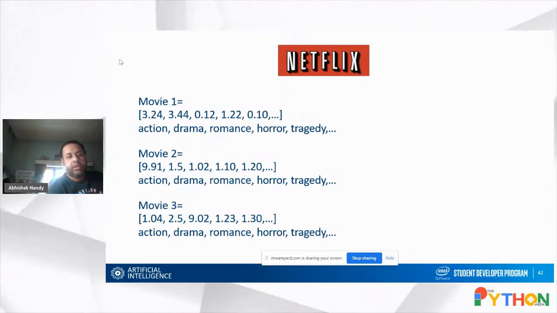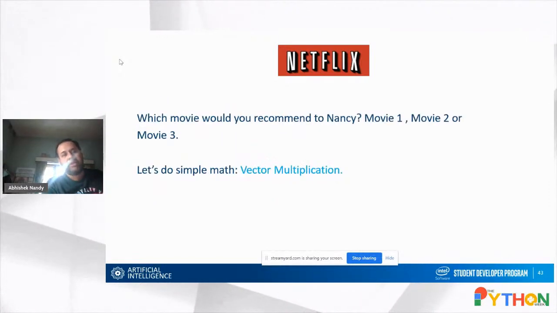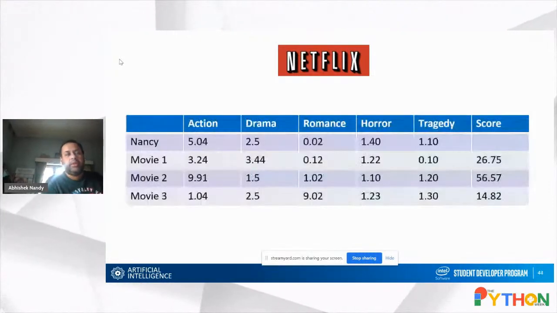So which movie would be recommended to Nancy? If we just create a matrix out of it, we have to apply something called vector multiplication to get insights into which movie should be recommended to Nancy. So this matrix is being created. Now you see there are three movies, 1, 2, and 3.